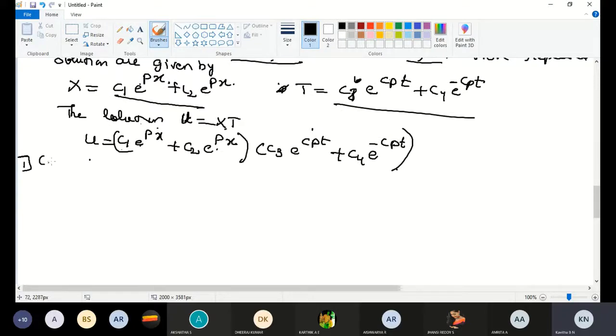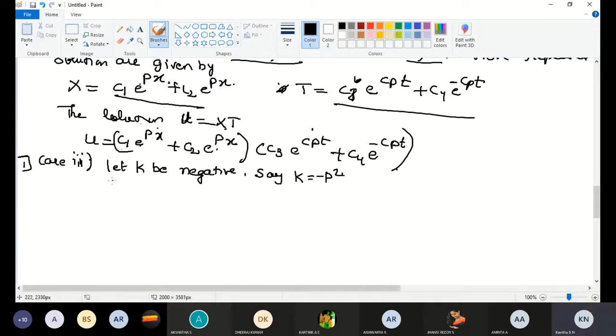So then case 3, let k be negative. So k is equal to minus p square.